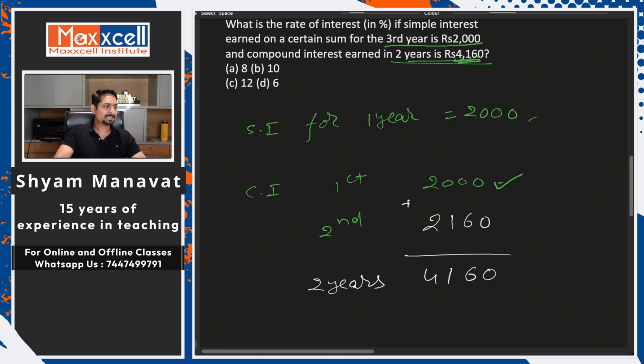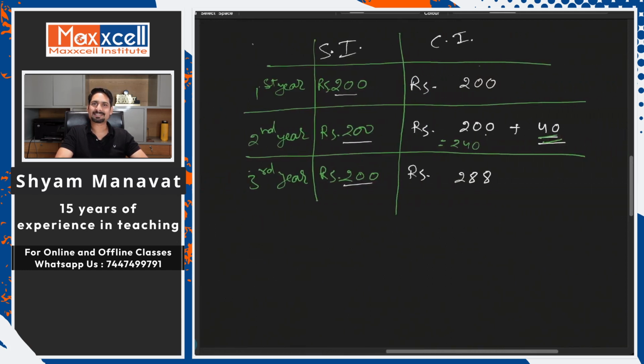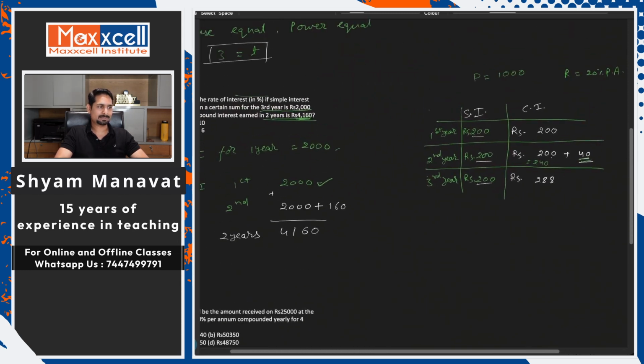Now the second year, which is 2160, I will split and write as 2000 plus 160. Do you see that? Like 200 plus 40. See, 2000 plus 160, 200 plus 40. Now this 40 is 20% on 200.